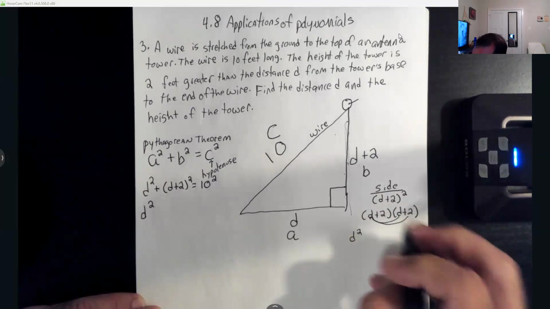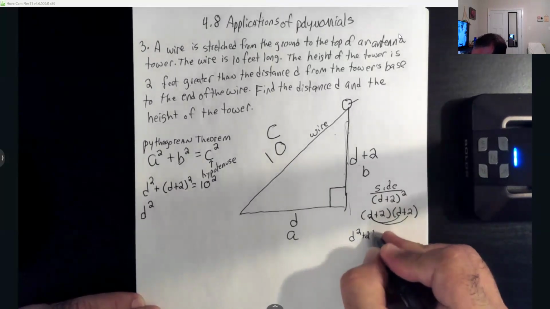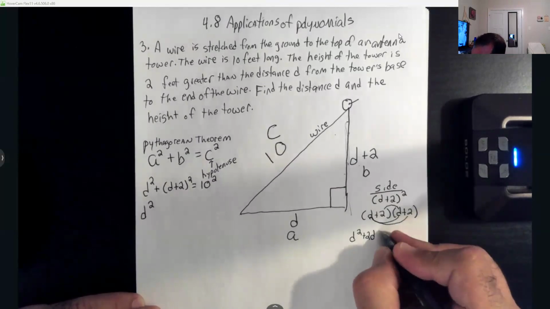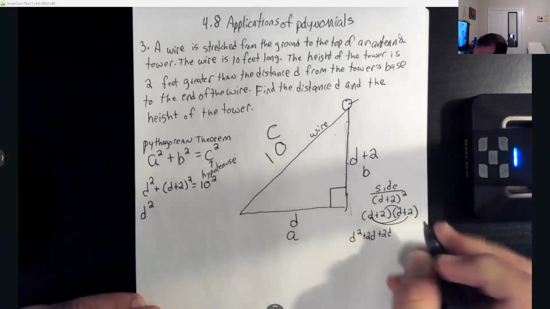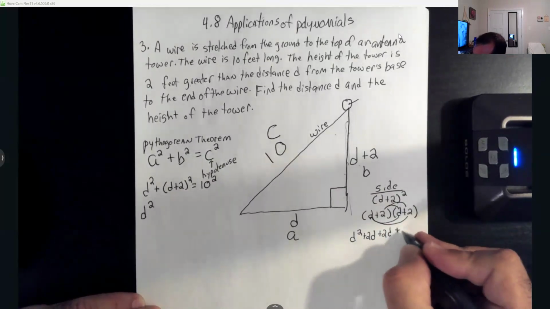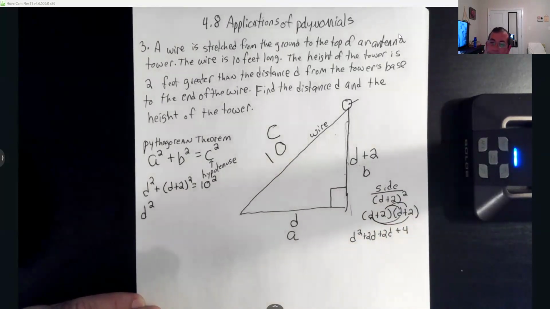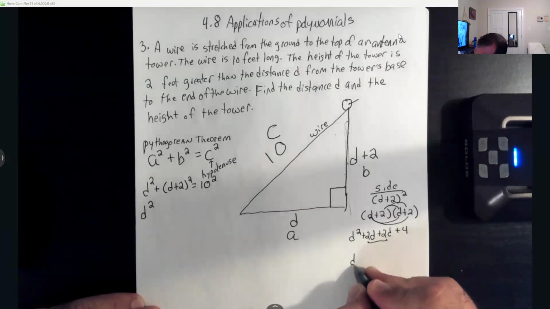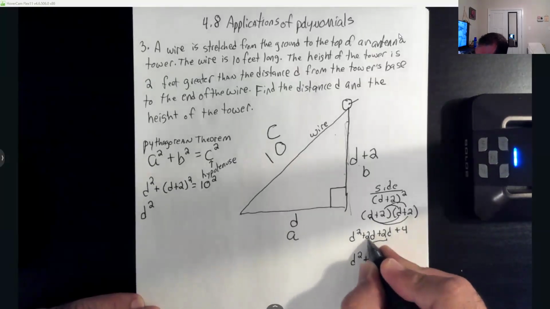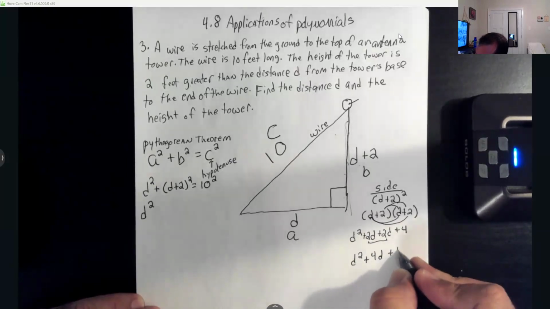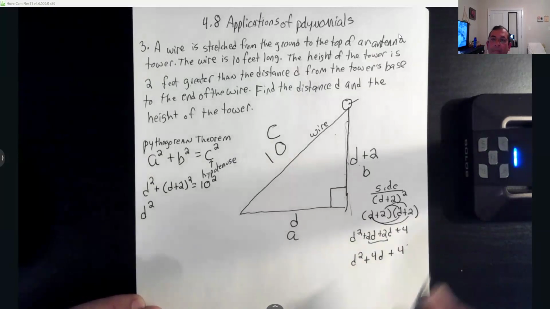D times 2 is 2d. 2 times d is 2d. And then 2 times 2 is 4. All right, then you want to add like terms. So you get a d squared, 2 plus 2 is 4d, and then plus my 4.